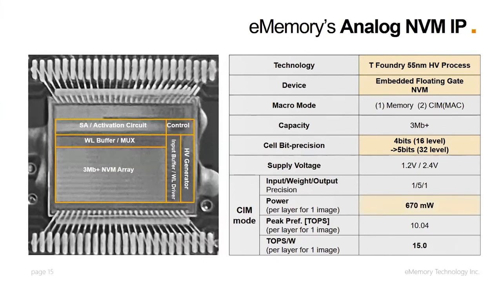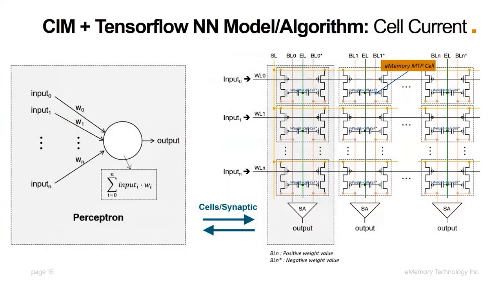In our CIM model, the power is 670 milliwatt per layer for one image, and its TOPS per watt is around 50. Our team builds a processor by floating gate-based non-volatile memory to emulate MLP and model the CIM with TensorFlow.